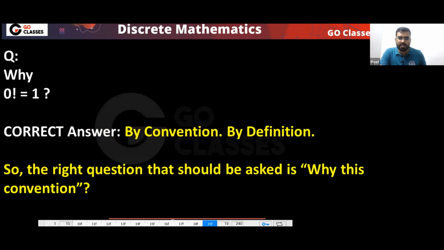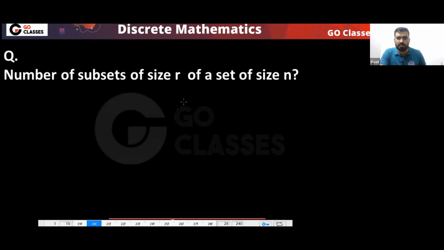But why this convention? Why did mathematicians take 0 factorial as 1? There are many reasons behind this convention. This is one of the reasons. You can notice the number of subsets of size r of a set of size n. This is basically nCr. From n elements you want to select r elements.